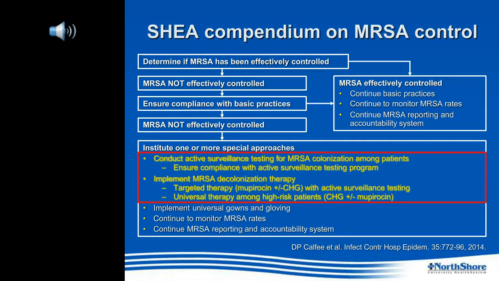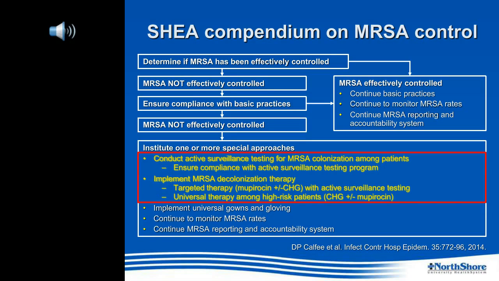So there have been several guidelines published over the years on what to do for control of MRSA. This is the latest one from the Society for Healthcare Epidemiologists of America, or SHEA. And you can see that the first thing we're all supposed to do is determine if we've effectively controlled MRSA, and I'll talk more about that later.